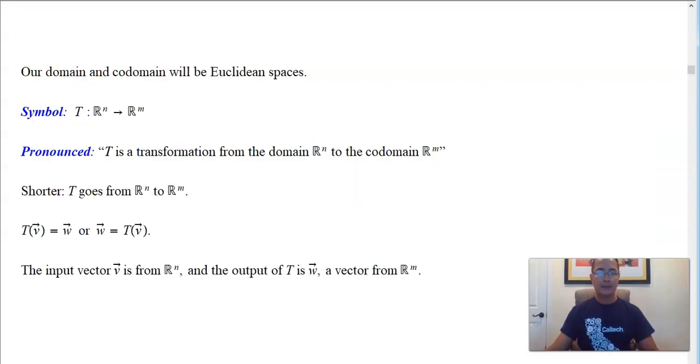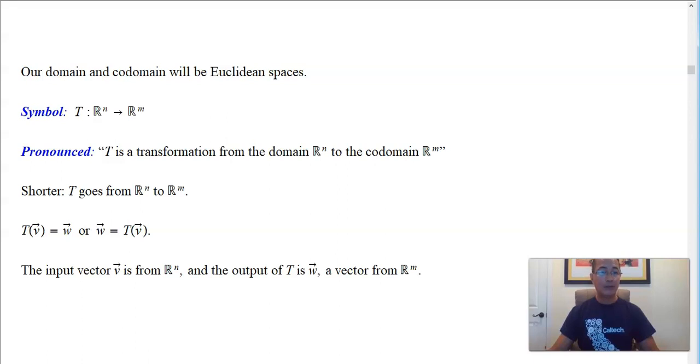So, as I mentioned, we are going to transform vectors. So our domain and our codomain will both be Euclidean spaces. So the symbol that we will use instead of f and x and y, we will call our linear transformations in general capital T, and they will go from Rn to Rm.